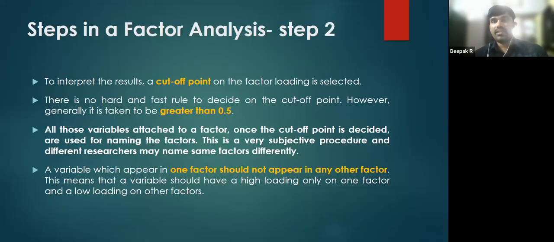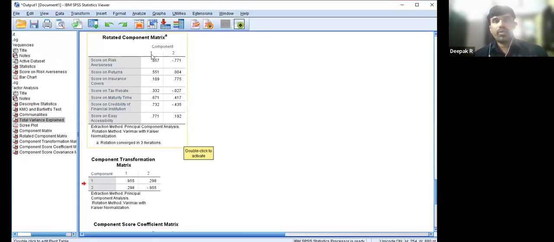So if this is the case, I'll just show the output. We look at the rotated component matrix, and depending upon the cutoff level that we have considered, any value which is greater than 0.5, these are the variables which we will consider to be part of our first factor.